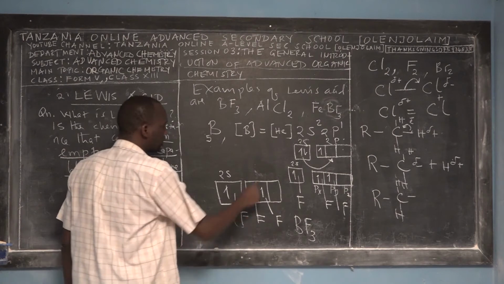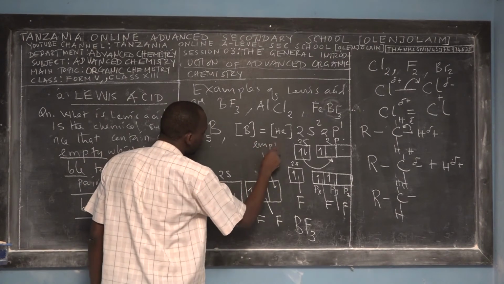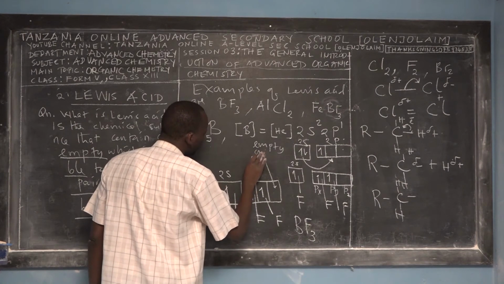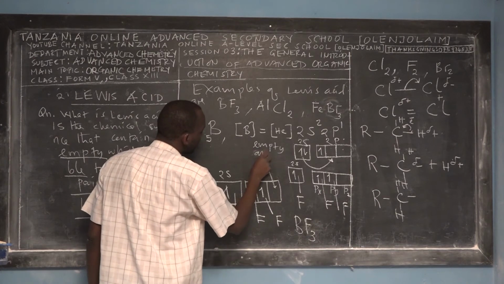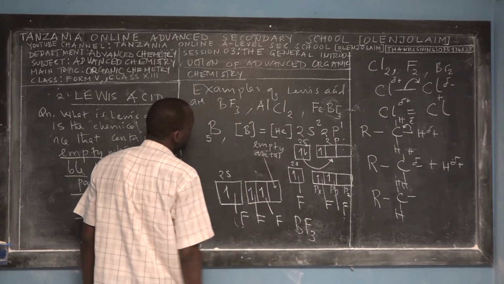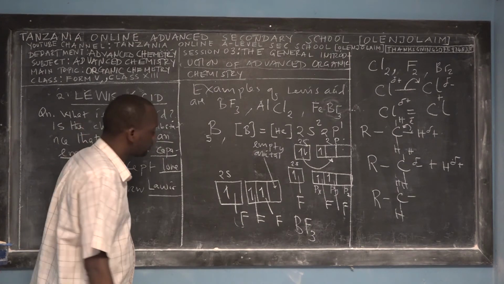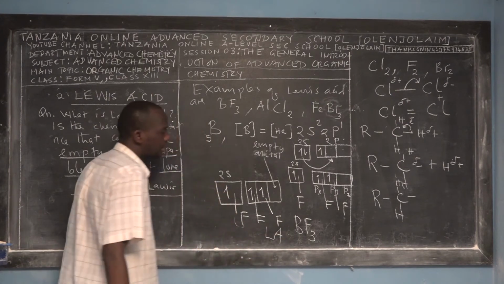So where is the empty orbital? This one. This is what makes this species a Lewis acid.